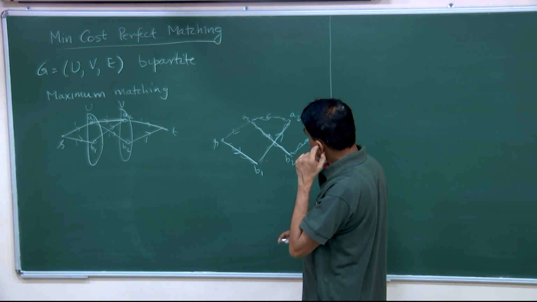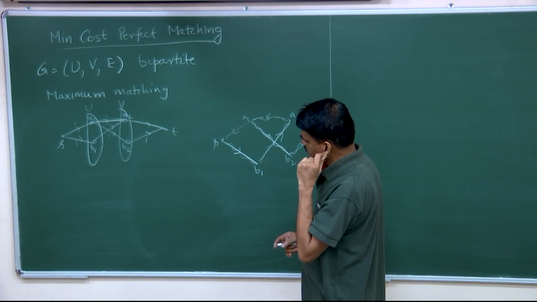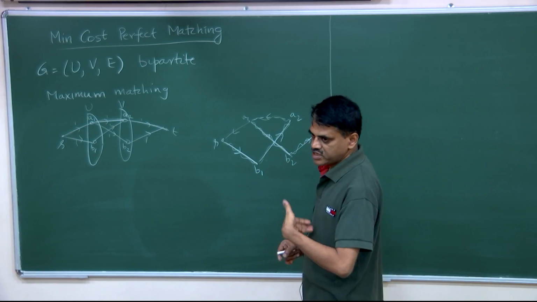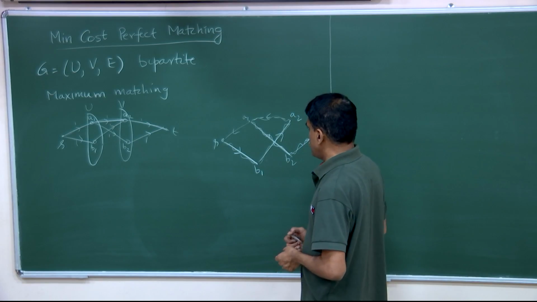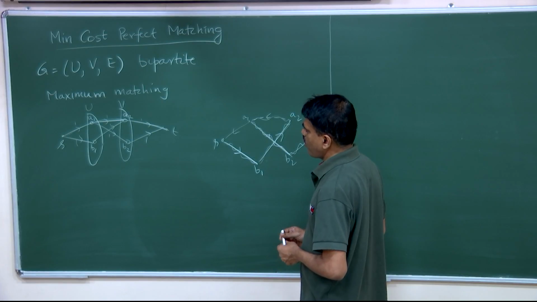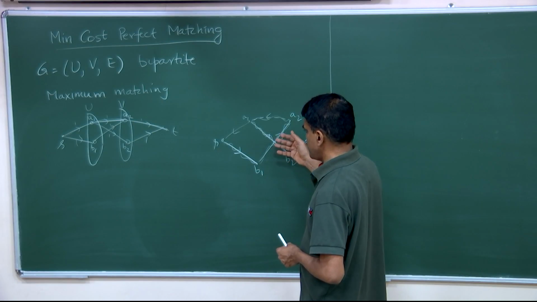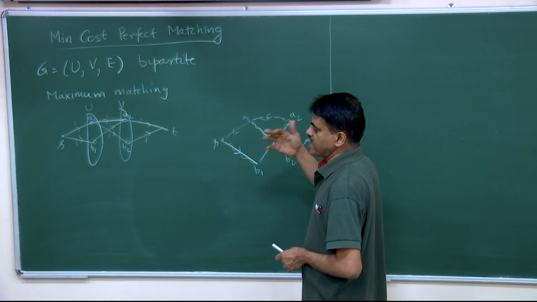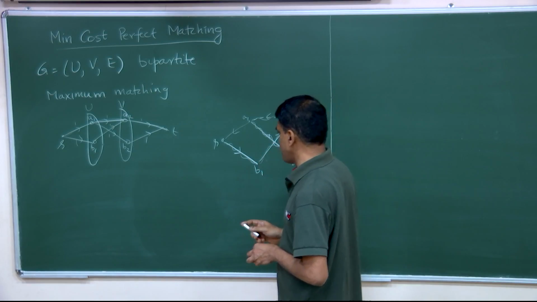So what we are doing is we start with some matching, maybe an empty matching, and then we got a matching of one edge. Now what we are constructing is an ST path, which in the matching literature is also called an augmenting path.